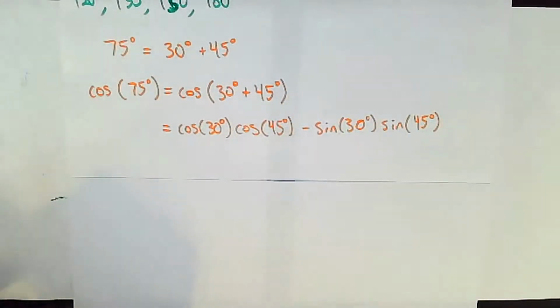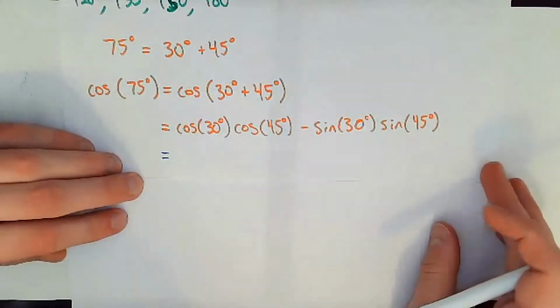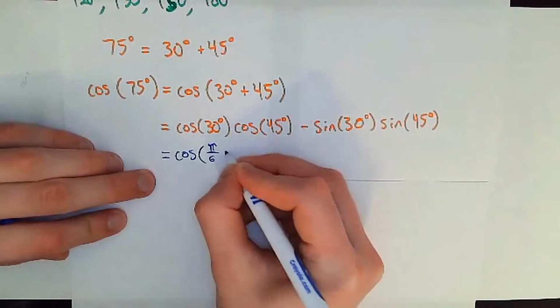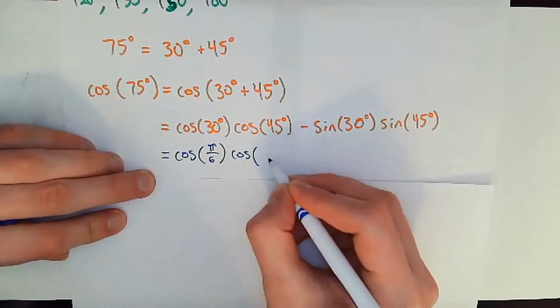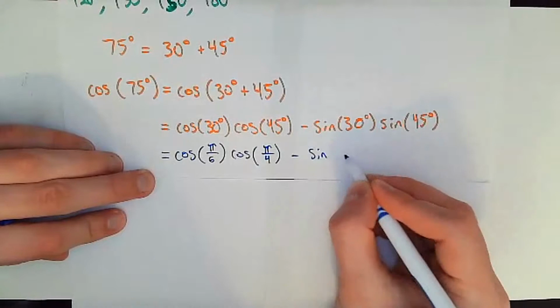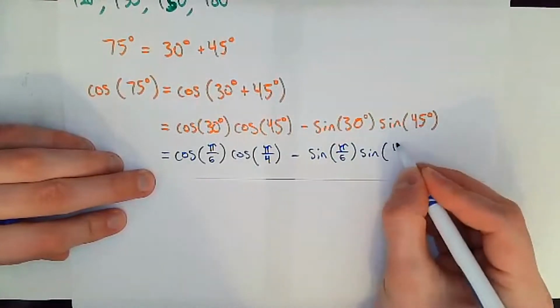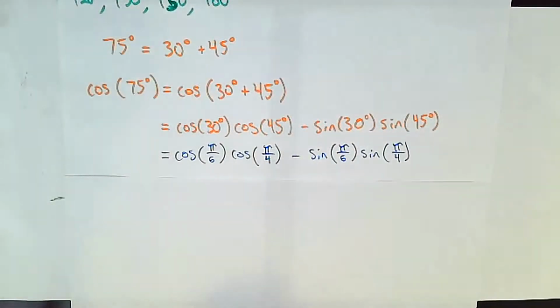Now we've been thinking about radians for so long, maybe you would like a reminder. 30 degrees is pi on 6. 45 degrees is pi on 4. There they are in radian form.